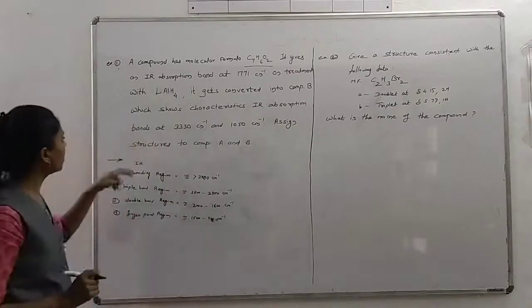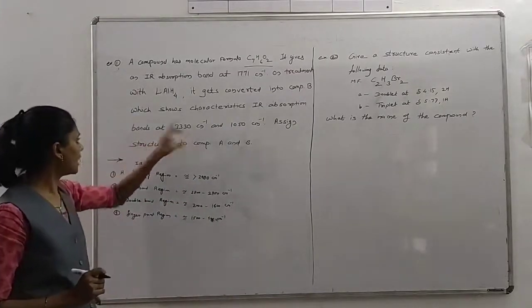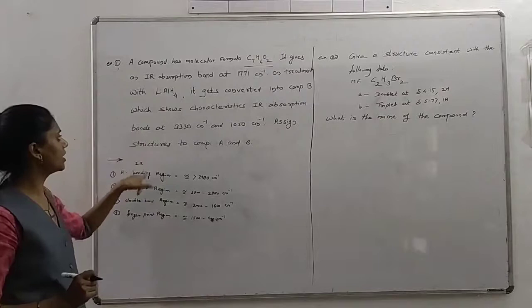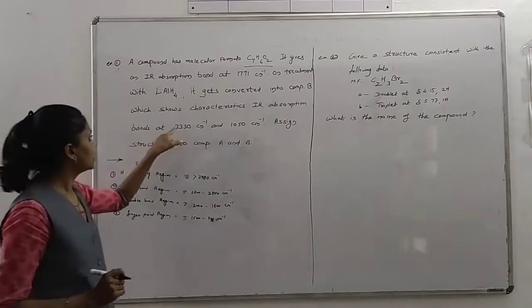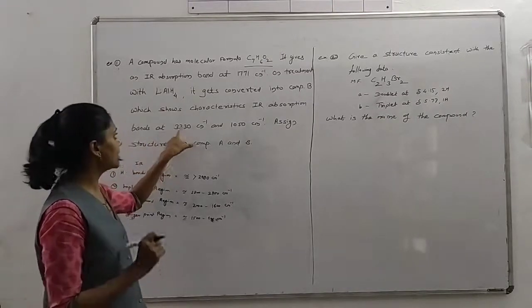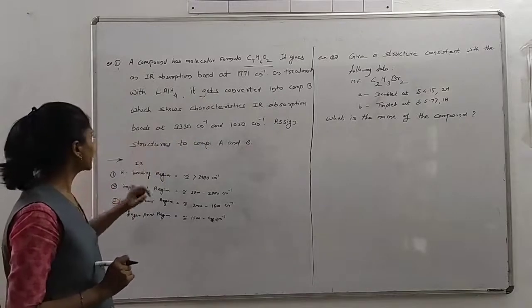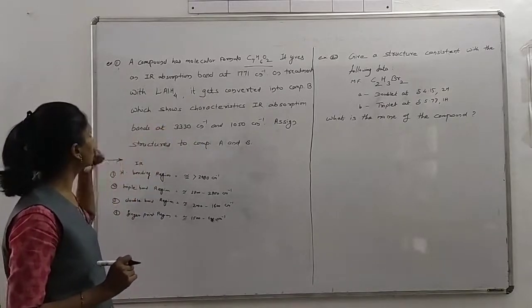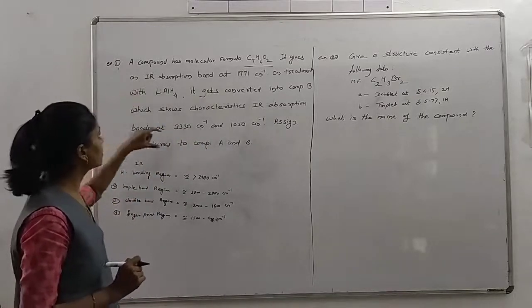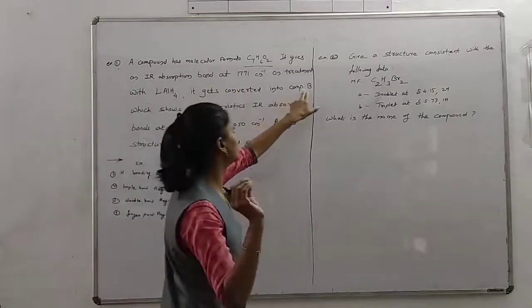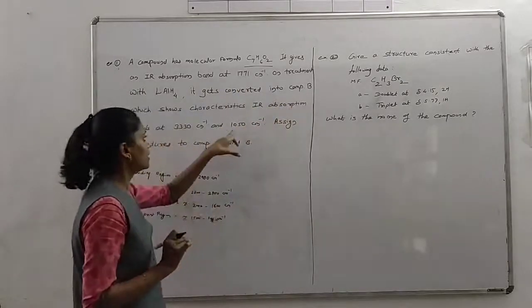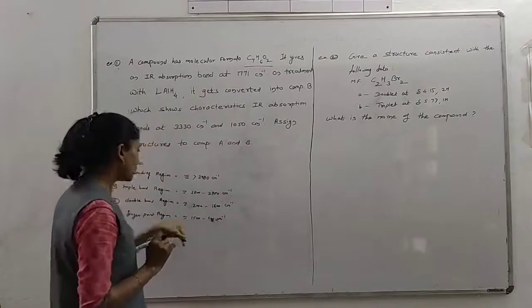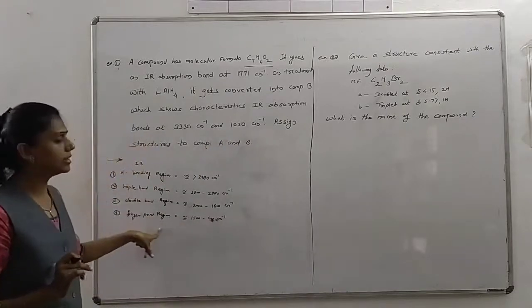Now 3330 means it is under the hydrogen bonding region, so here CH stretching is taken into account for compound B. 1050 means fingerprint region.